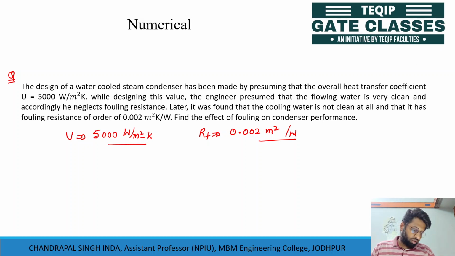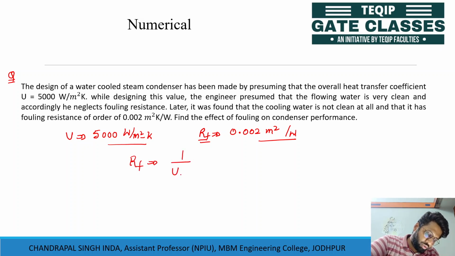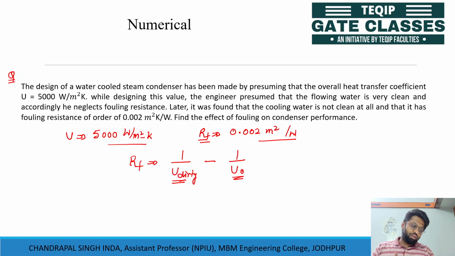So we have R_f equal to 1 by U dirty, the overall heat transfer coefficient due to fouling, minus 1 by U, the overall heat transfer coefficient when there is no fouling.